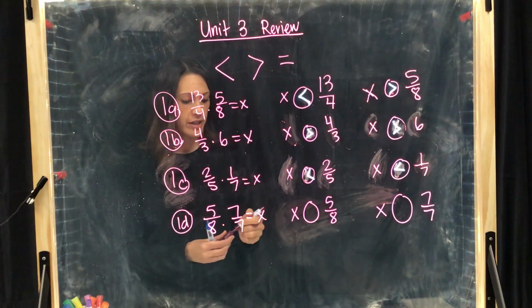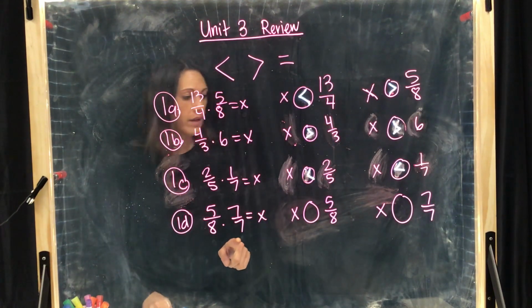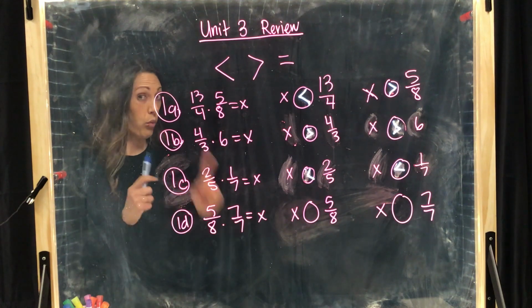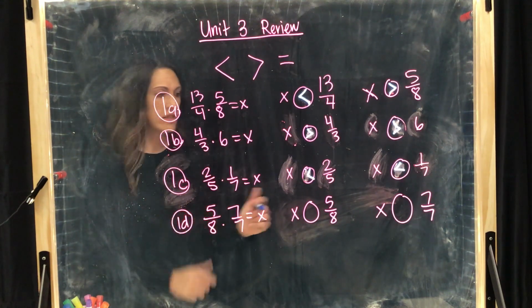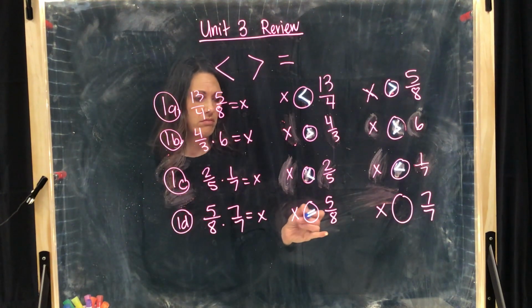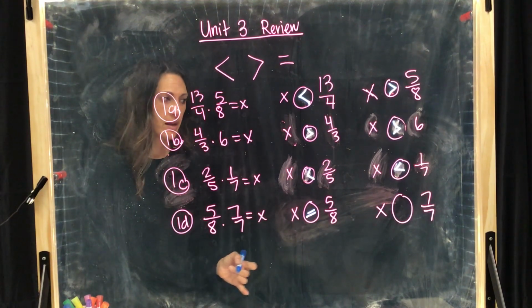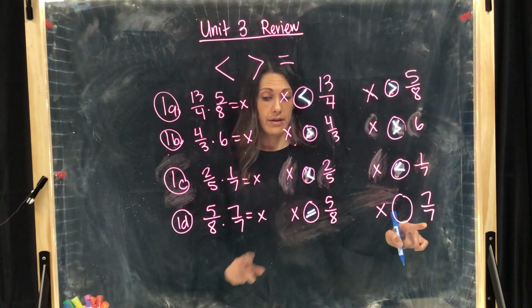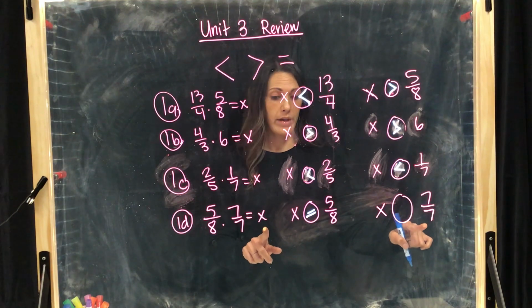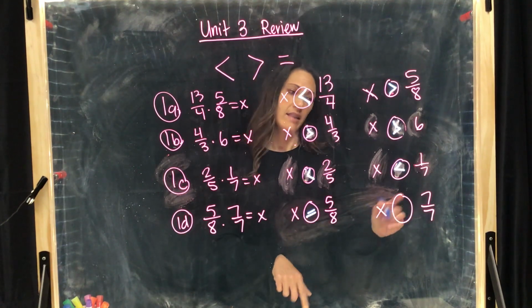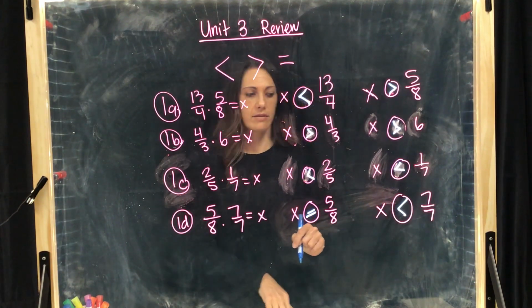So when I take a fraction and I'm multiplying it by a whole number 1, that's just going to be equal. It's going to be 5/8 as the answer. Now this is just a 1, and if this is 5/8, then 1 is bigger than 5/8, okay?